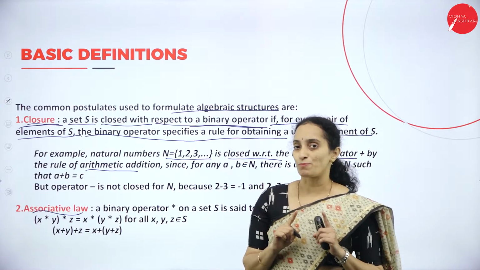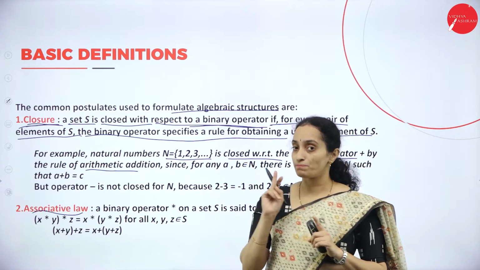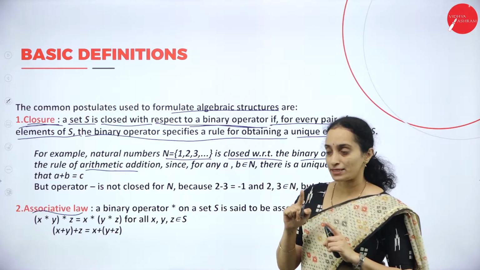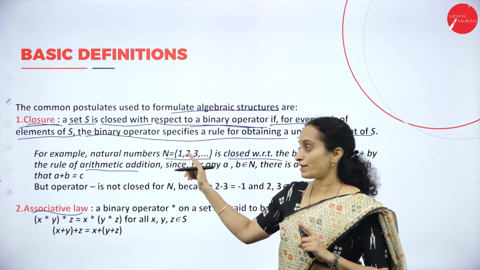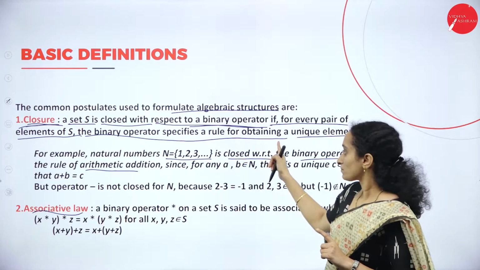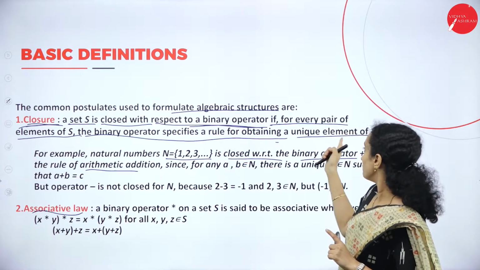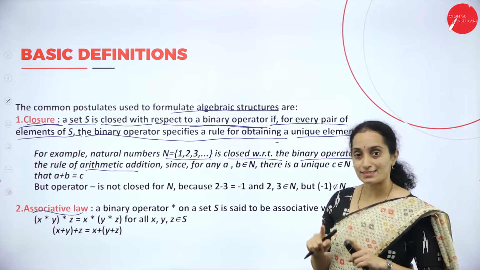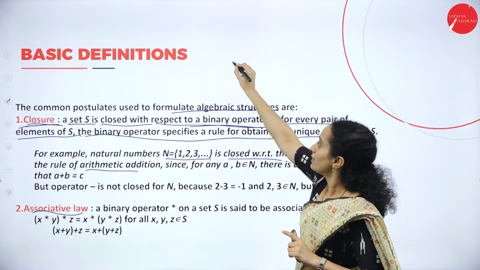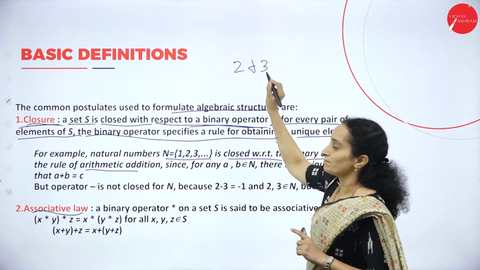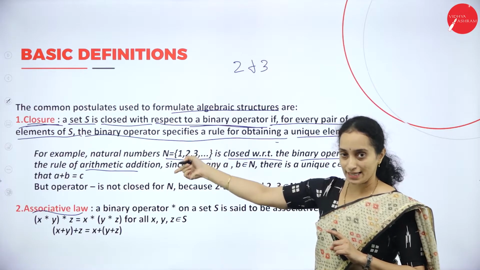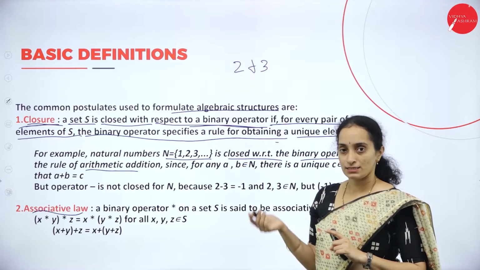Because when you perform the addition operation on every pair of elements, it will give you a unique element of S. The result must be a unique element of the natural numbers. Suppose I take 2 plus 3, where 2 and 3 are members of set S, the set of natural numbers.